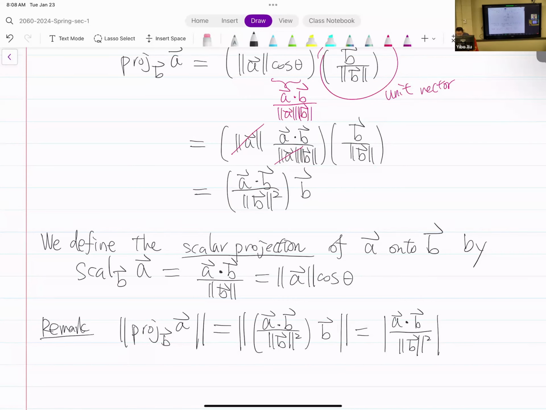Okay. And then what's left inside the magnitude is the magnitude of B. So this is something slightly different from what we have done earlier.